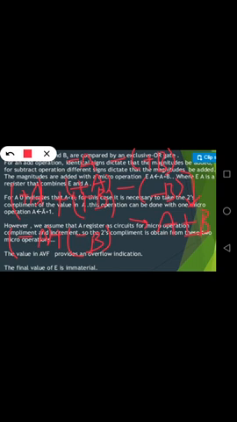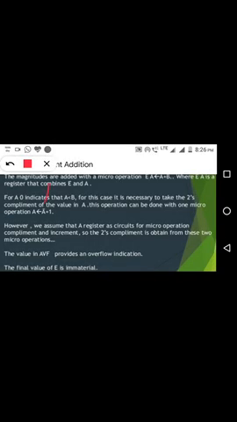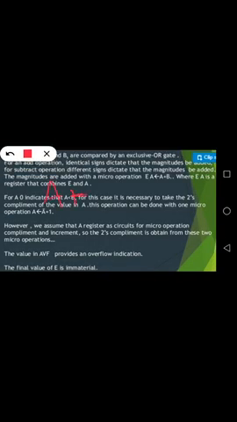Performing subtraction means first you assume that A is greater than B, and you need to perform A minus B. How do you do A minus B? A plus of minus B. So A plus of minus B means B bar plus 1.